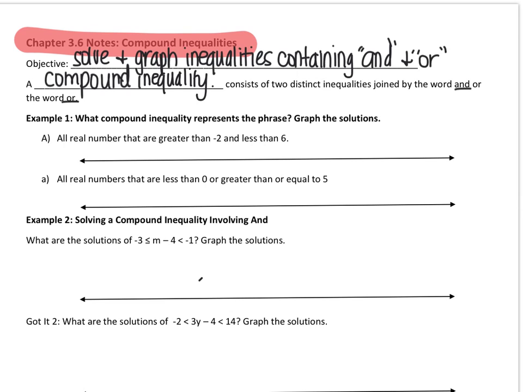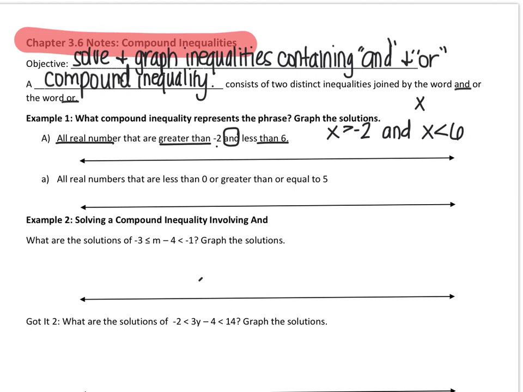So example 1, they want you to write an inequality that represents the phrase, all real numbers greater than -2 and less than 6. So all real numbers, we're going to give x greater than -2 and x less than 6. The better way to write that is to take your variable and put it in the middle of your inequality.